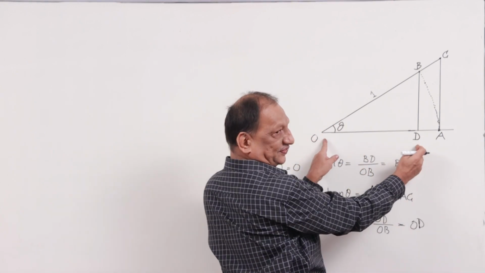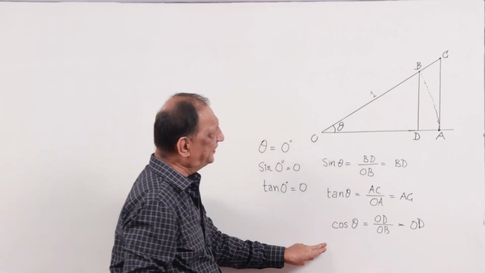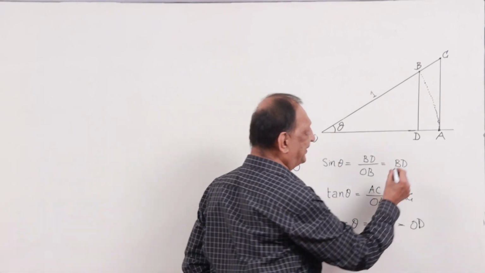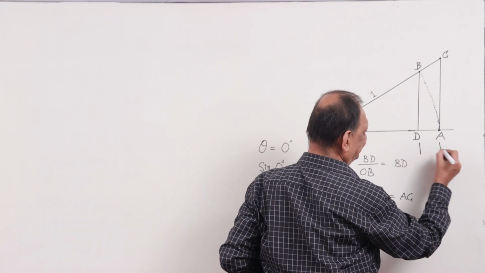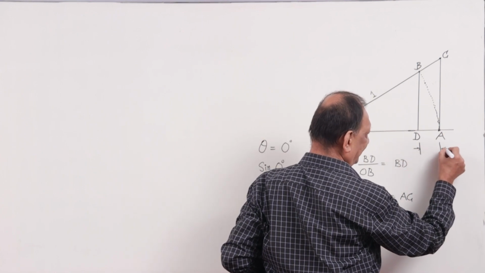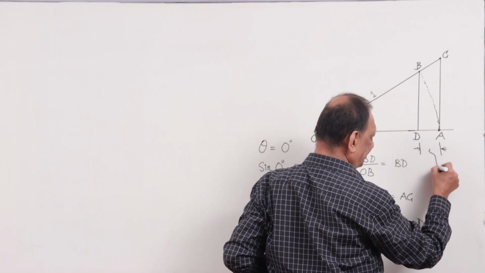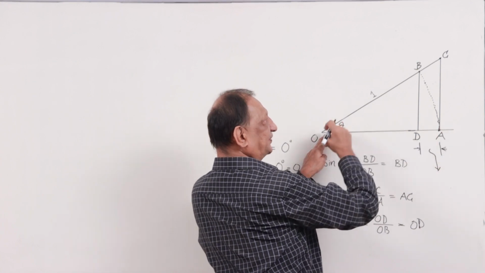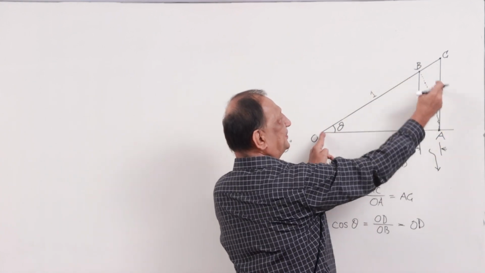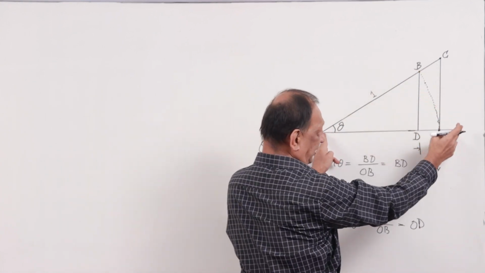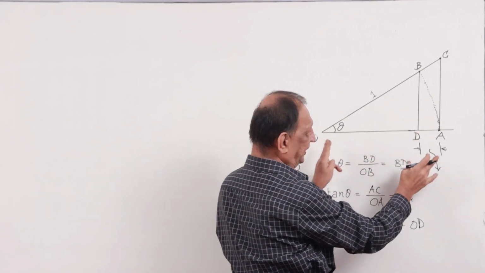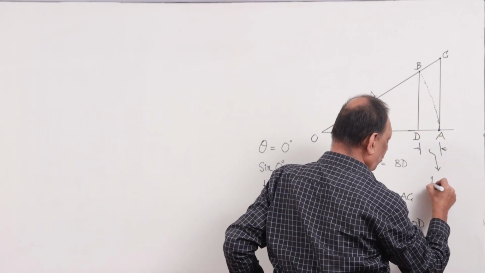So OD is cos theta. But I am not really interested in OD. I am interested in AD, this distance. Remember, OA is the same as the radius, which is 1. OA is 1 and OD is cos theta. Therefore, AD must be 1 minus cos theta.